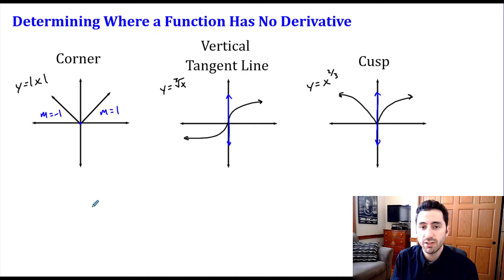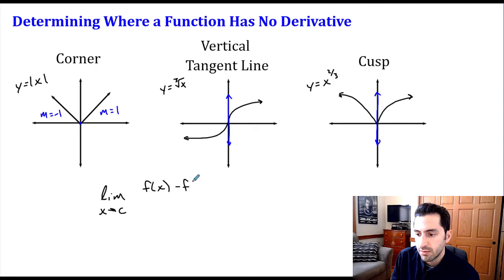So in each case, as I approach a value from the left and from the right, the slopes of my tangent lines are approaching positive infinity, negative infinity, or they're approaching different numbers. So what that means is it's not enough to take a look at the derivative. So remember, one way we can define the derivative of a function is the limit as x approaches c of f of x minus f of c all over x minus c.